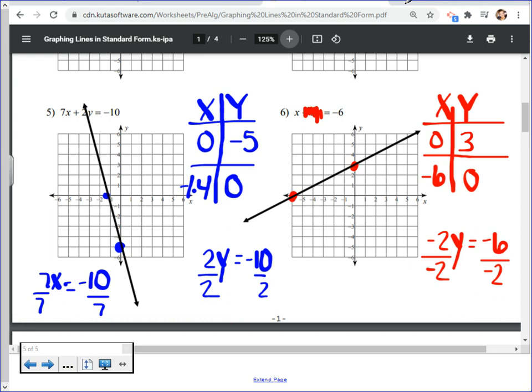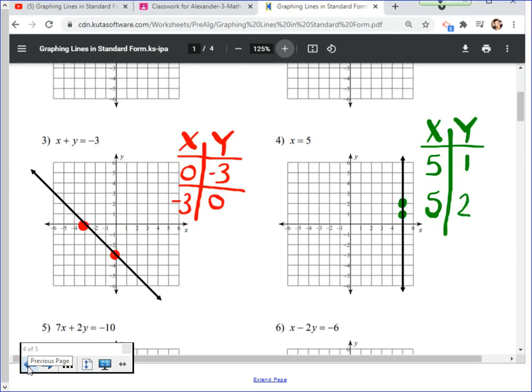When you turn your paper over, you only have one that is very similar to number 4. Number 9 says Y equals 5. So when you do that, you don't do it like all the other ones. You make your T-chart, and the only number you're allowed to put underneath Y is a 5.